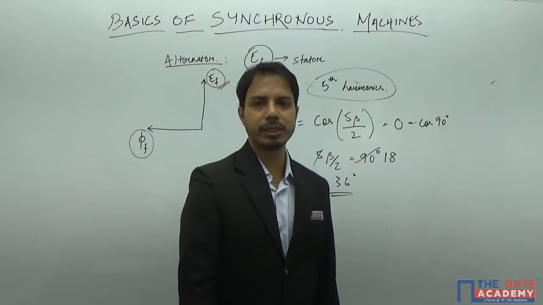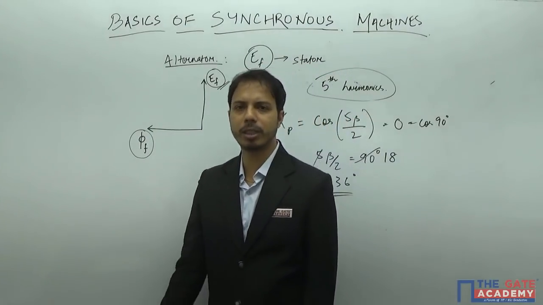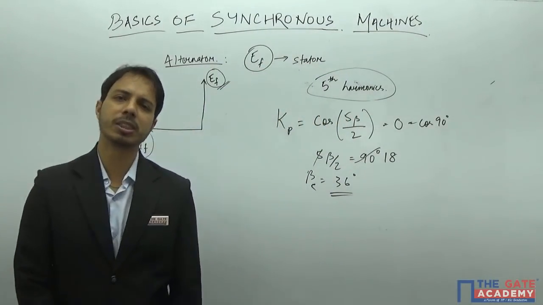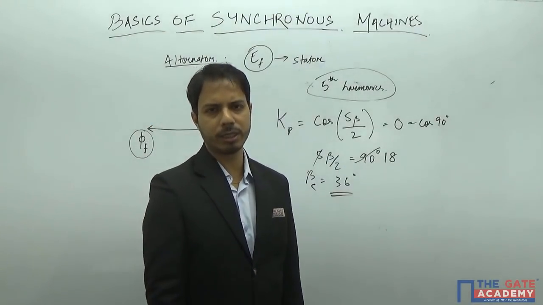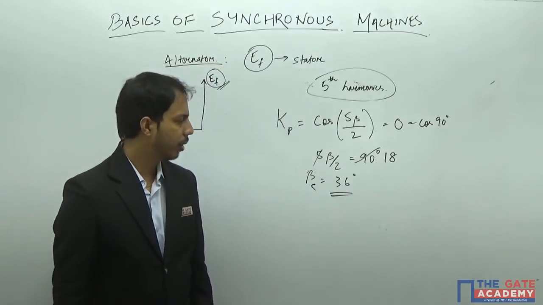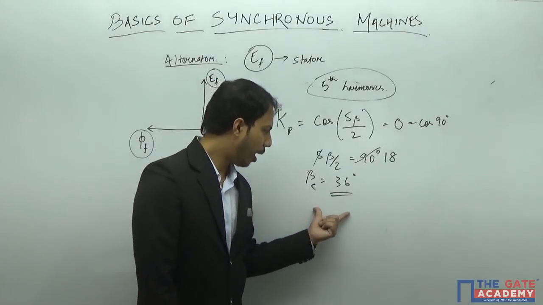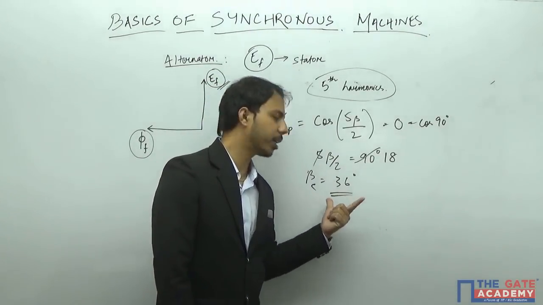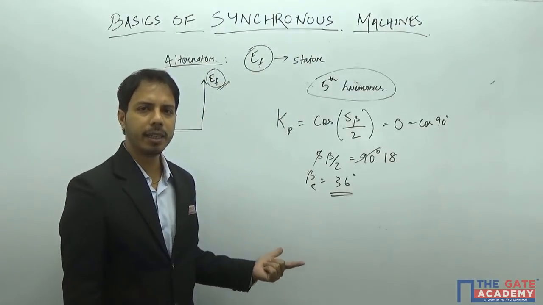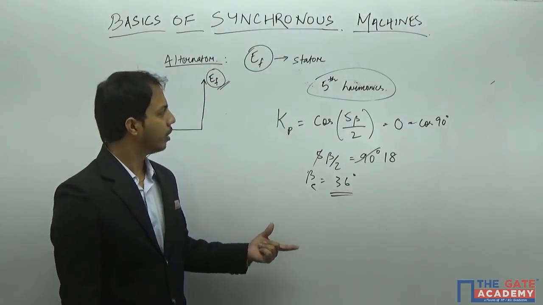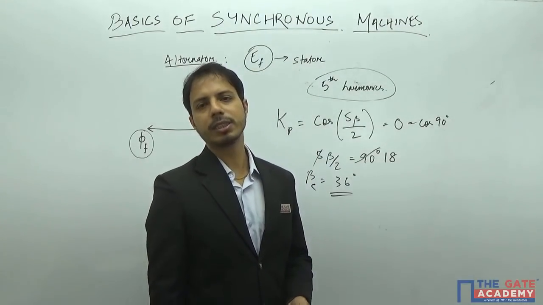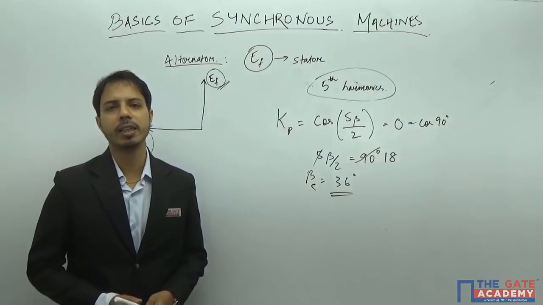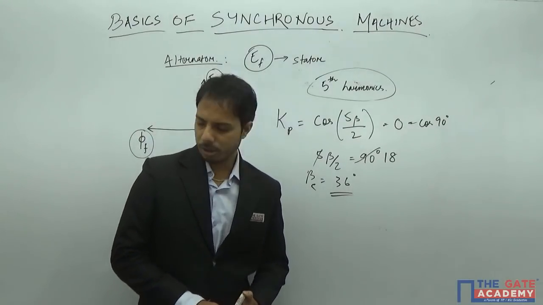If beta electrical is 36 degrees, how we achieve it is up to us. For different machines there will be different conditions, different numbers of slots, and different slot pitches. But if after calculation we get beta electrical as 36 degrees for any particular machine, the fifth harmonic of that machine will be 0. So this is the application of Kd and Kp.